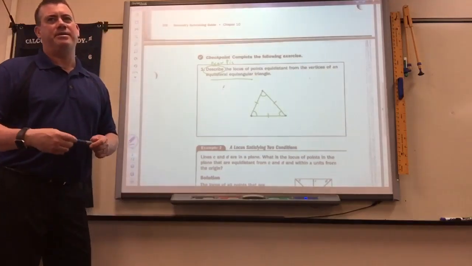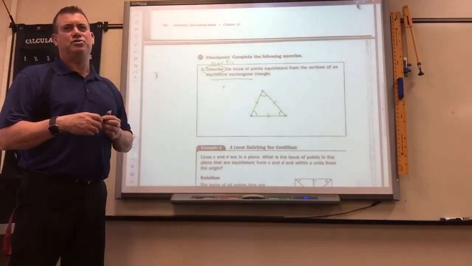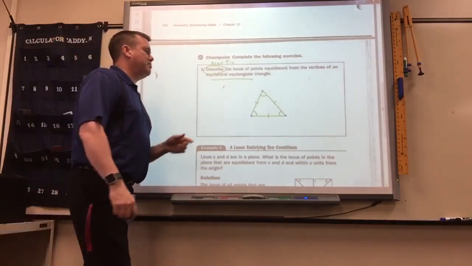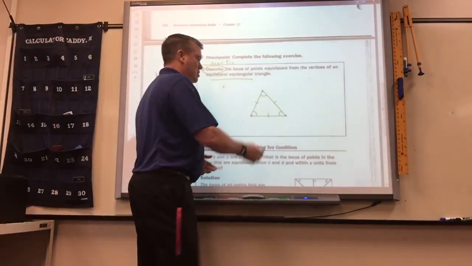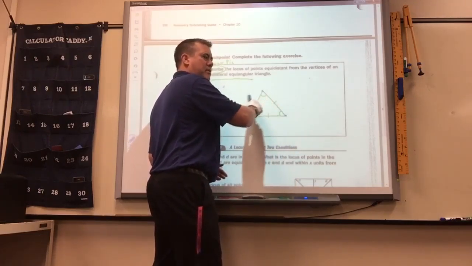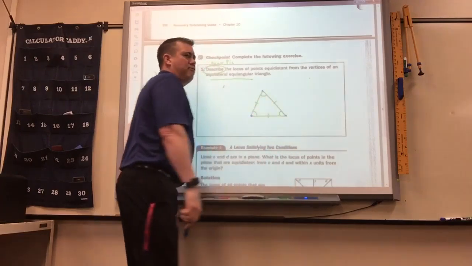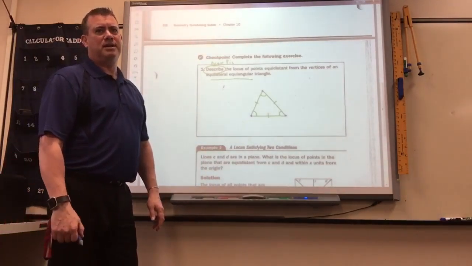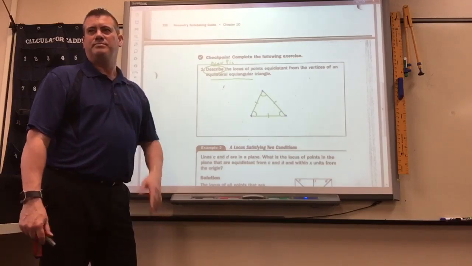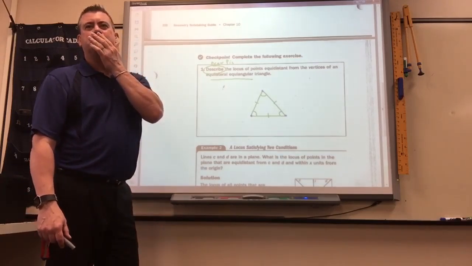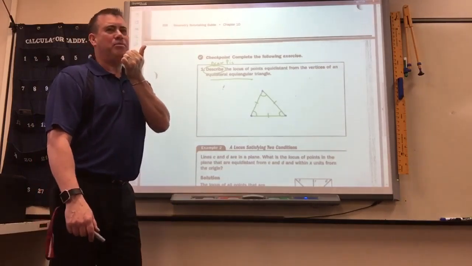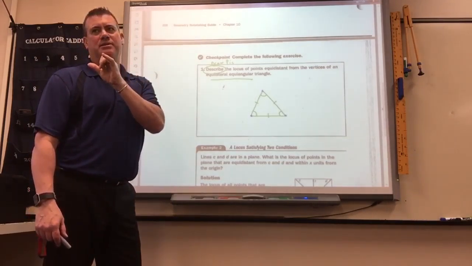Now this is a construction that we did way back. Remember how you find the point? What we did here is we found a point in the center so we could circumscribe a circle around it. So how did we find that point? What do you got to construct to find that point? An angle bisector. It's either angle bisector or perpendicular bisectors.